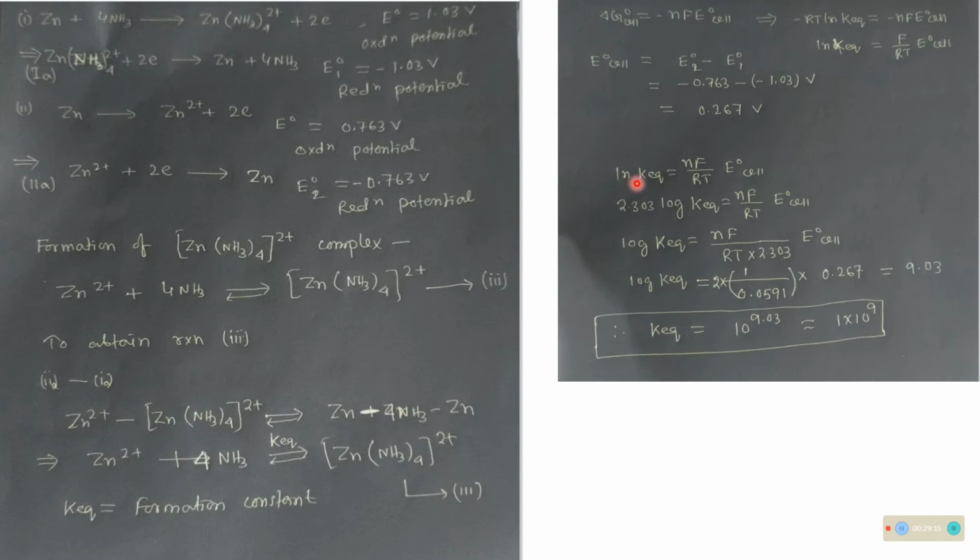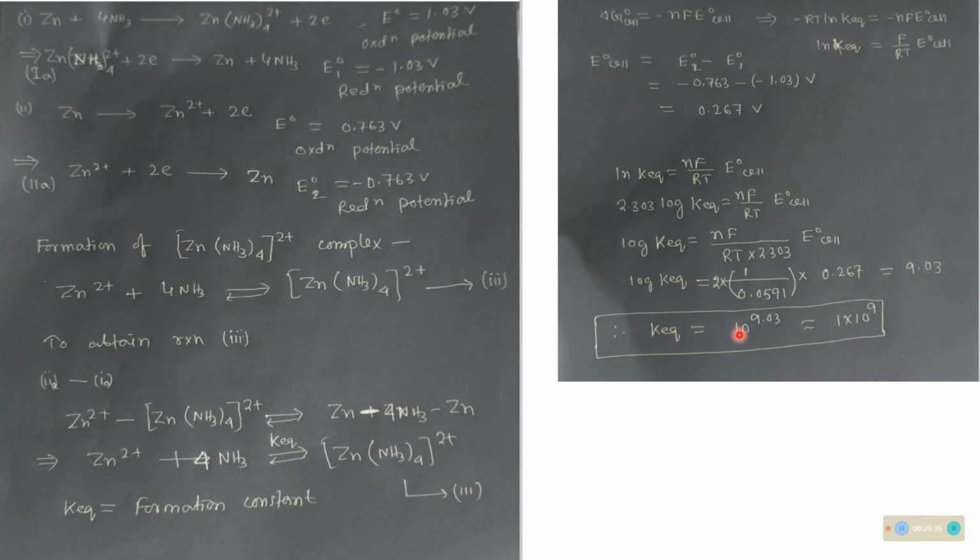Same thing, ln K equilibrium. We convert ln into log, so multiplying by 2.303, we obtain log K equilibrium equal to 9.03. So K equilibrium, if log moves to this side, it will be a power of 10.